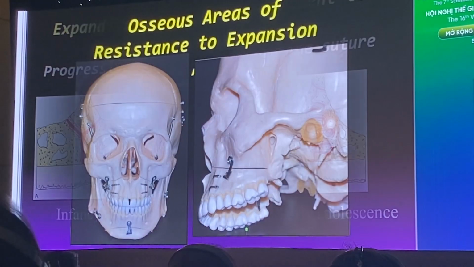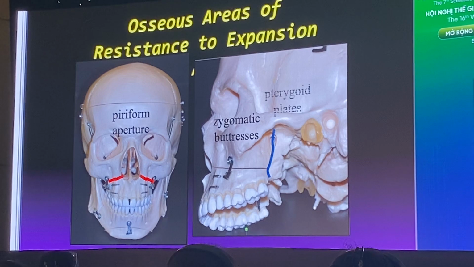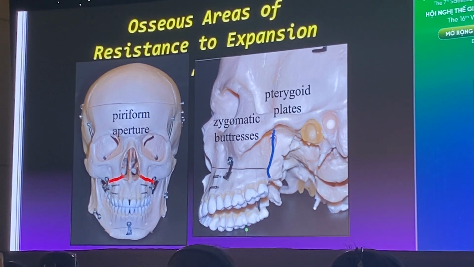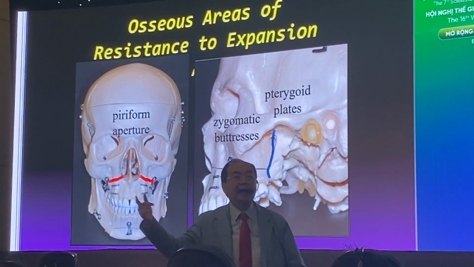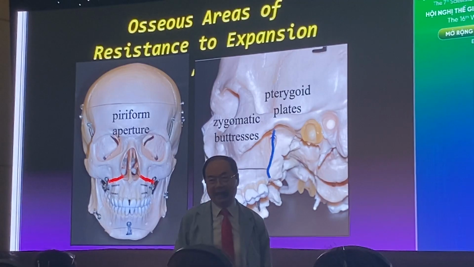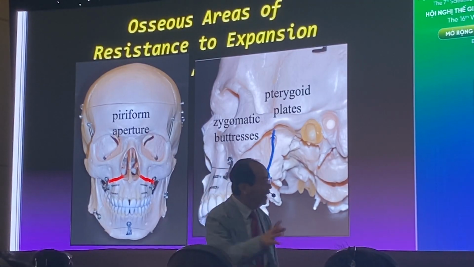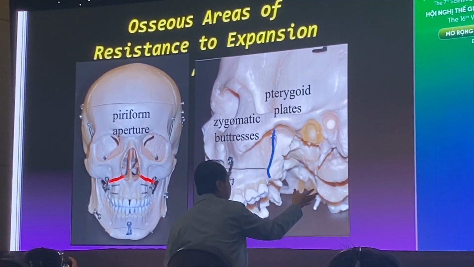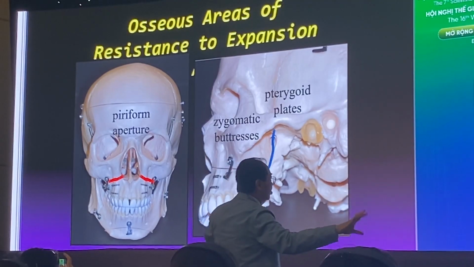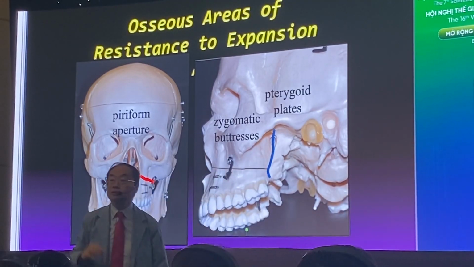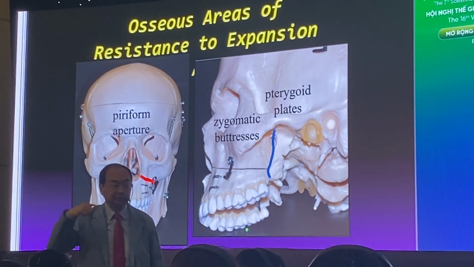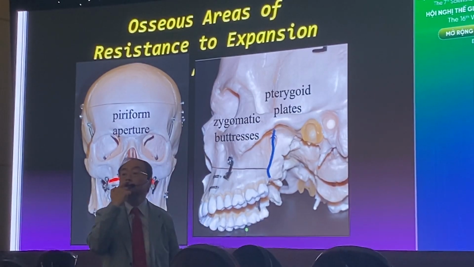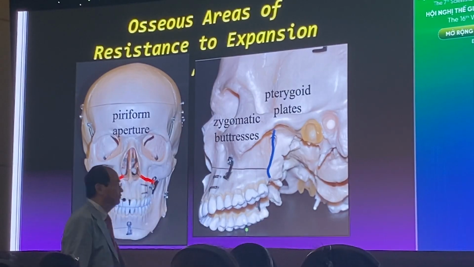So, for patients who are in permanent dentition, let's say you miss the golden period, which is 7-11, and you have the sutures that you need to go against, which are the zygomatic buttress, the cheekbone, the pterygoid plates back there, and also the nose area, which we call piriform.